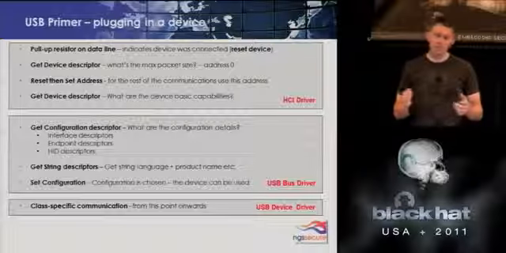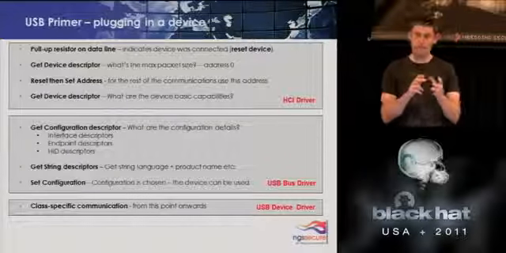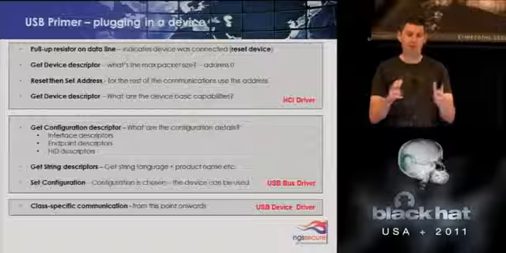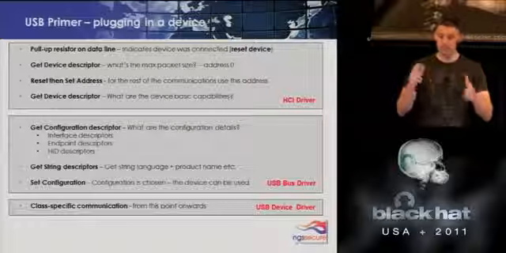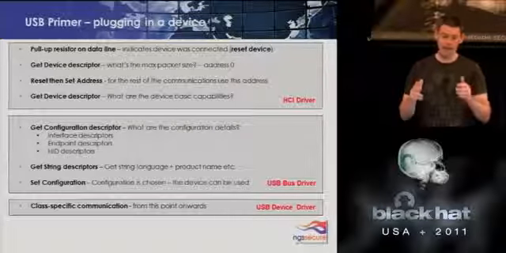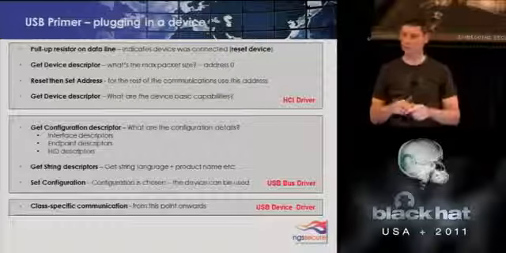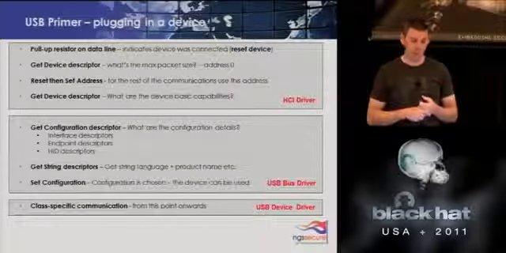Well, the first thing that happens is that within the USB interface, you've got a power line and a ground line, and then you've got two data lines, one called D plus and one called D minus.